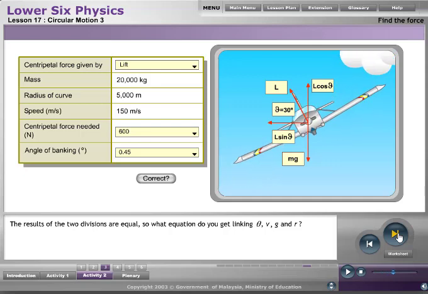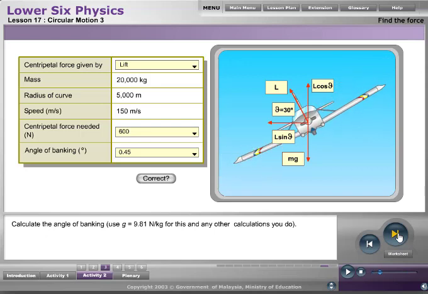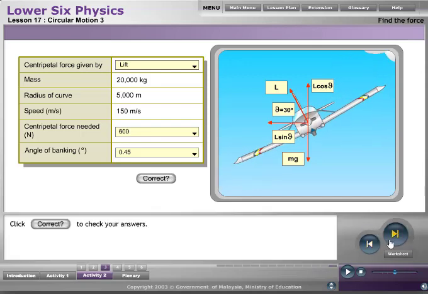So what equation do you get linking theta, v, g, and r? Answer: tan theta equals v squared over gr. Calculate the angle of banking. Use g equals 9.81 newtons per kilogram for this and any other calculations you do. Click the Correct button to check your answers.